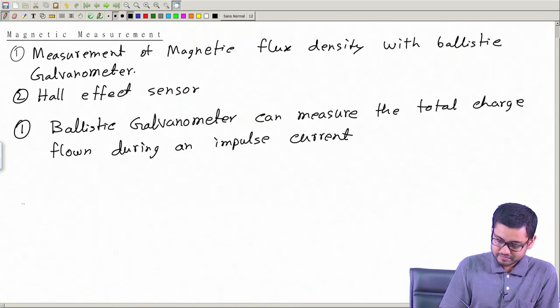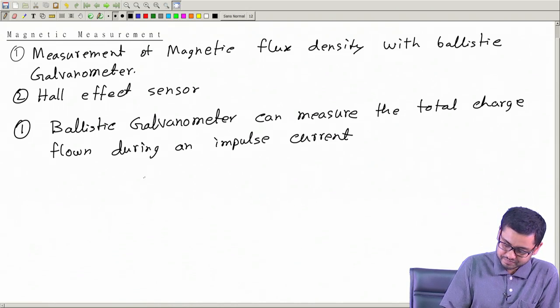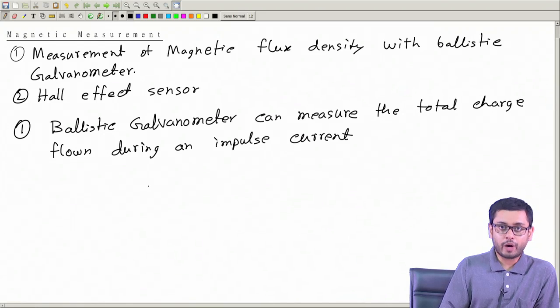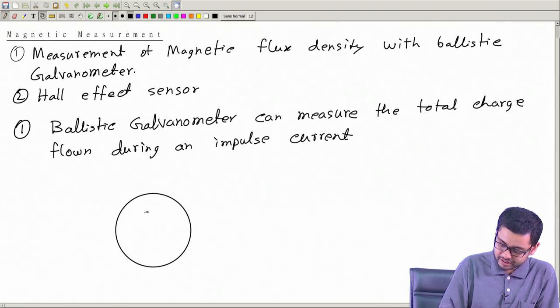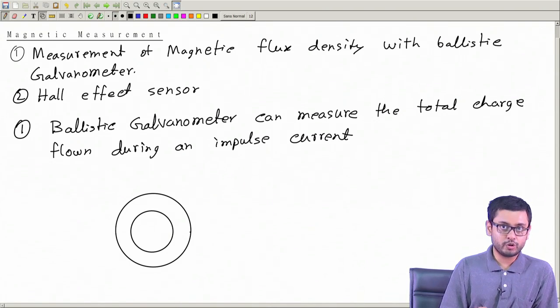Now, suppose we have a magnetic material and we want to estimate its say BH characteristic. So, what do we have to do? We will first make a small toroidal ring, a circular ring with that material which we want to test.